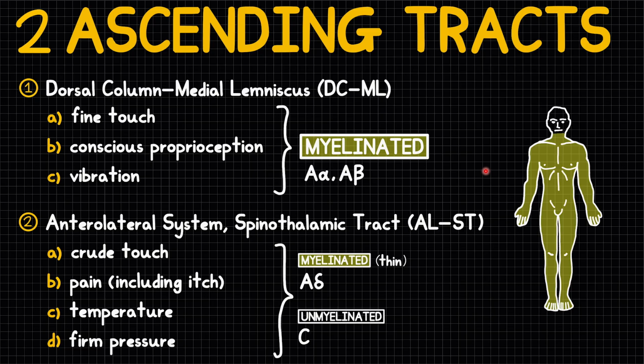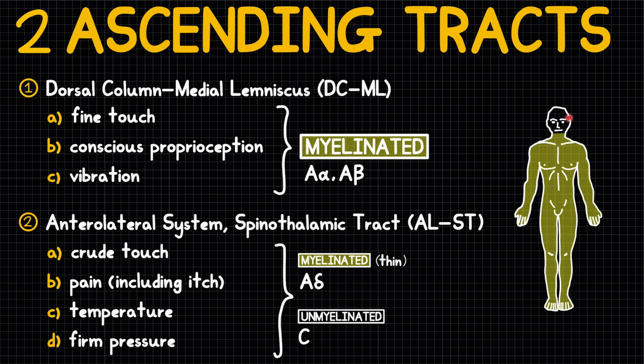Now, before we move on to neuroanatomy, I need to make one last important point about the function of these 2 ascending tracts. The DCML pathway and the ALST pathway will be responsible for somatosensation of the entire body except the head.